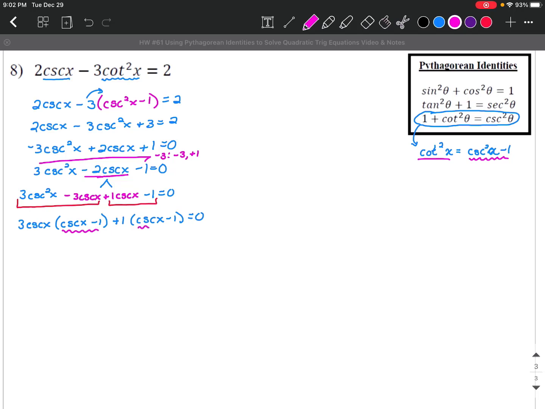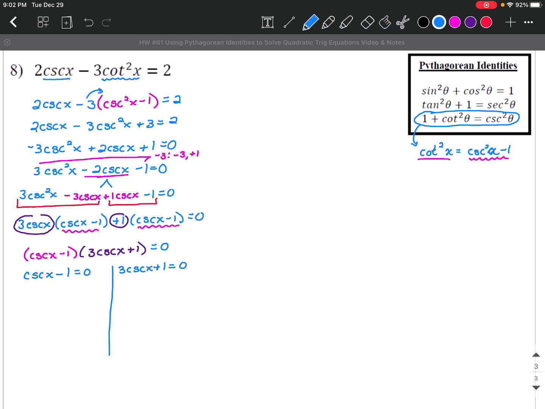Before and after the addition, we see the common term cosecant x minus 1. But when we take that out, that's going to leave us with a 3 cosecant x plus 1, and that product is still equal to 0. So now we take each factor, cosecant x minus 1 equals 0, and 3 cosecant x plus 1 equals 0.